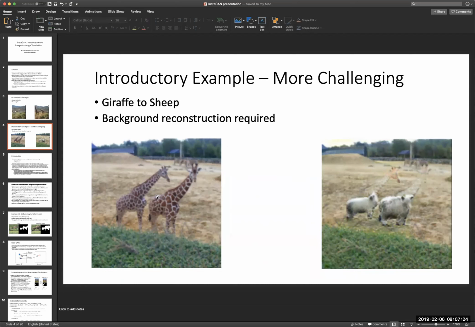So that's why it's perhaps more challenging. And these artifacts, this is sometimes referred to as in-painting. There are holes in the image and you have to fill it in synthetically. So it's doing more than just superimposing images on top of a background. It actually has to learn how to reconstruct a background.